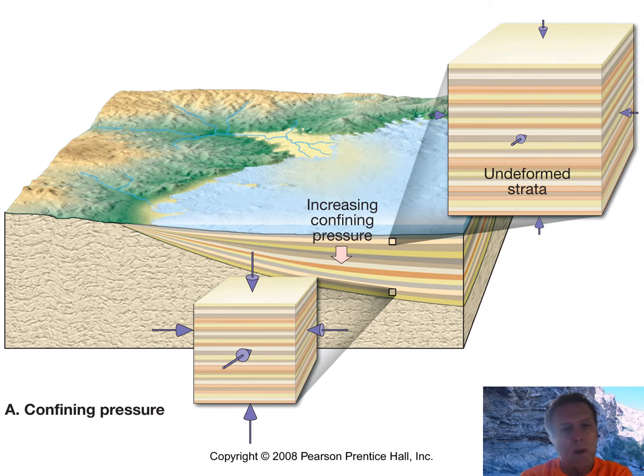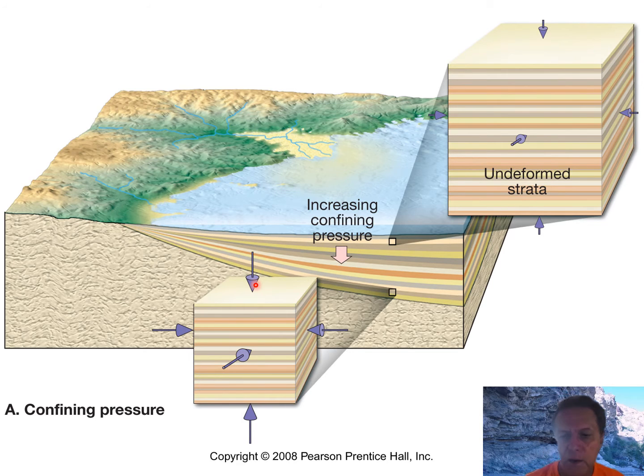Now, when we talk about the forces that act on this rock, we talk about pressure, stress, and strain. Pressure is also called stress. Here we see a depiction of what we call confining pressure, which means that pressure on all sides is equal. So pressure here is the same as pressure here, is the same as pressure here.